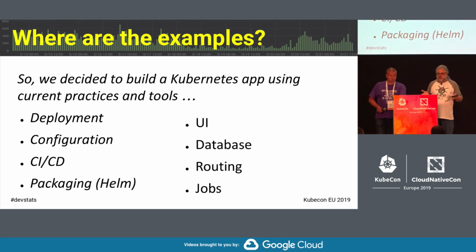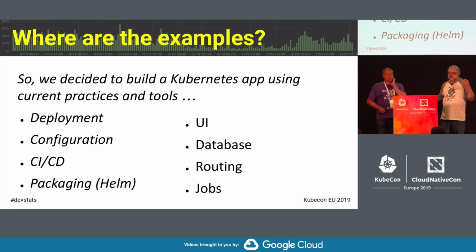What that would look like, right? Something that's got deployment information and configuration and is set up to use some kind of CI/CD and has a database and a UI and connection routing and maybe some other things like jobs and config maps, et cetera, and some way to deploy it, right? All of these things.